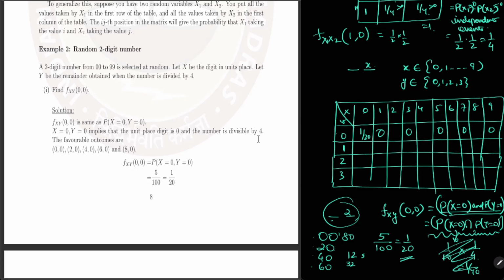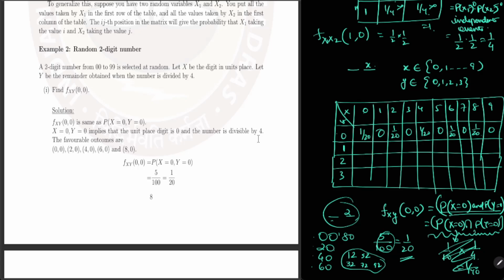Similarly, 52 is divided by 4, then 72 and 92. We again get 5 numbers, so it will be similar to this, 1 by 20. Similarly, with remainder 0 and unit digits 4, 6, 8, we'll get 5 numbers each, 1 by 20.